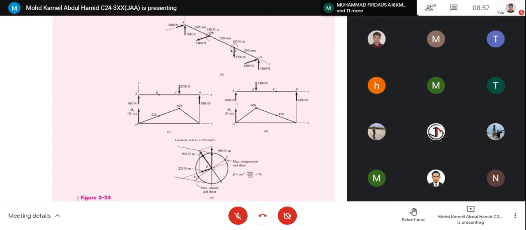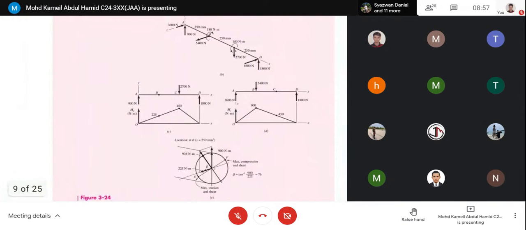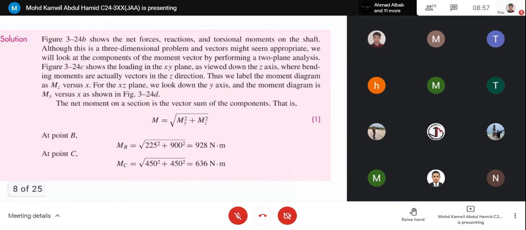Use those two to get your net moment, so MB is equal to 928. Then a similar step at point C. For the XY plane, MC is 450. For the XZ plane, MC is 450. Use those values and you get MC of 636.